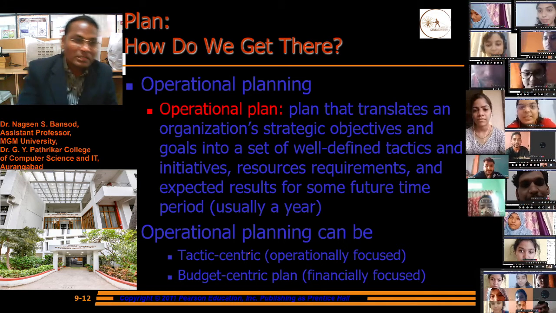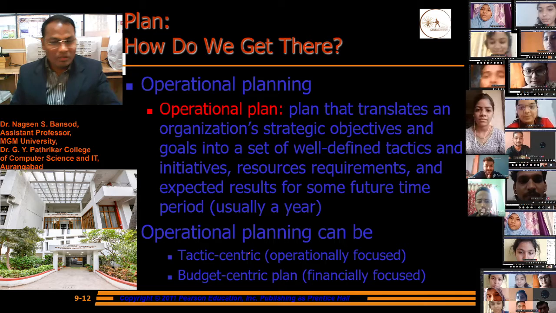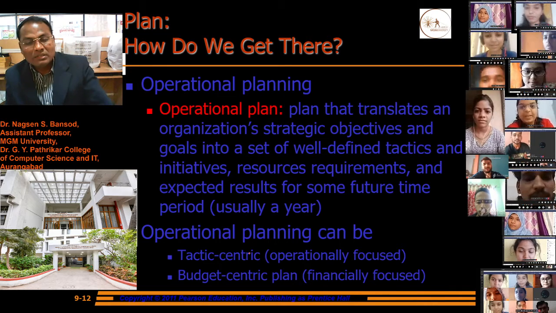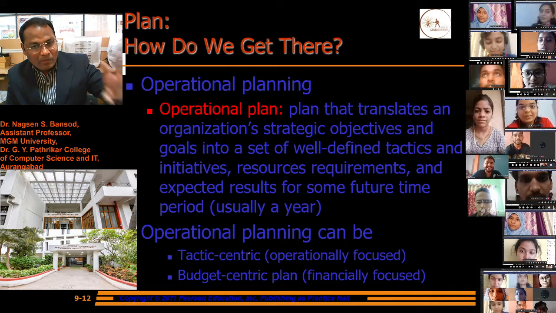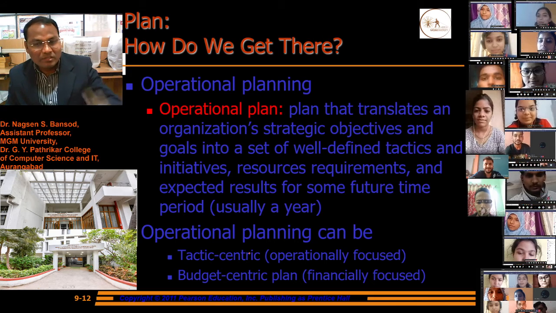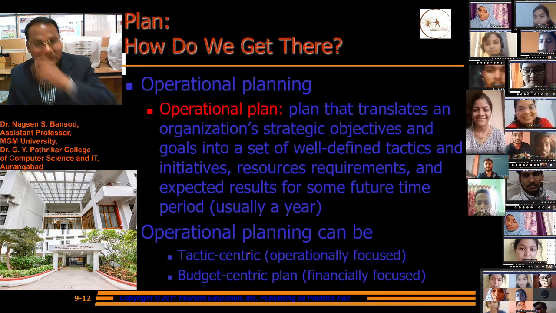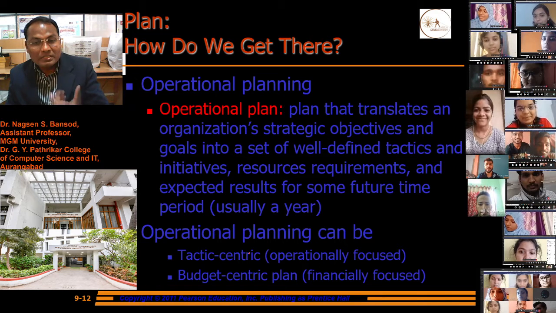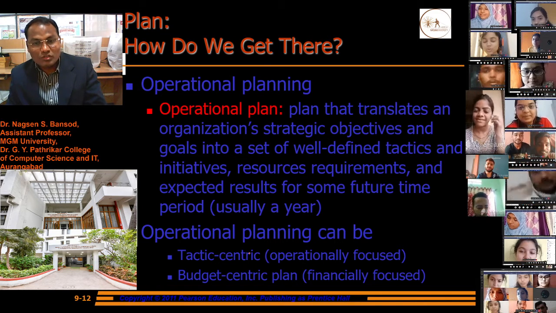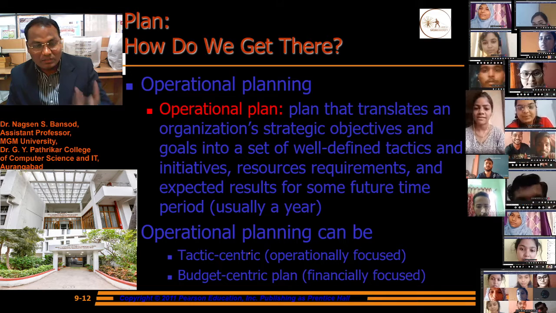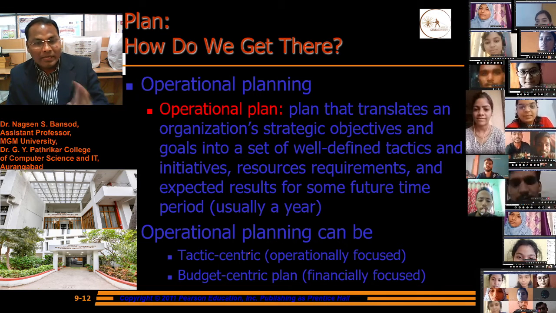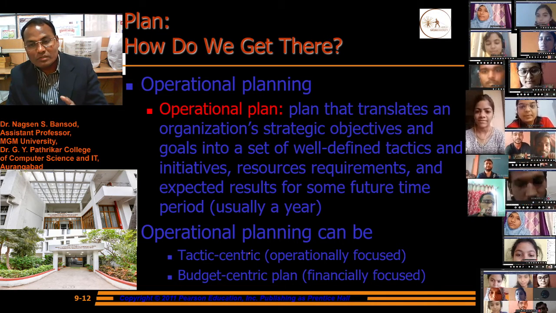If the manager completes this target within 1 month, within 2 months, this much incentive will be there, this is the reward for that employee. Like this we have to make the operational planning. Resource requirements are also there, and accepted results for some future time period.